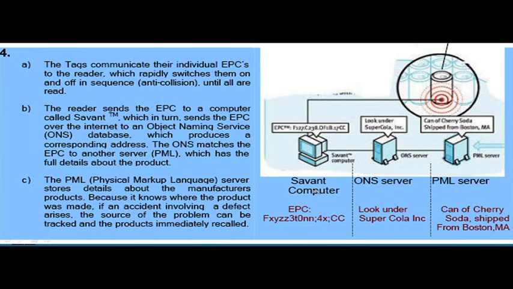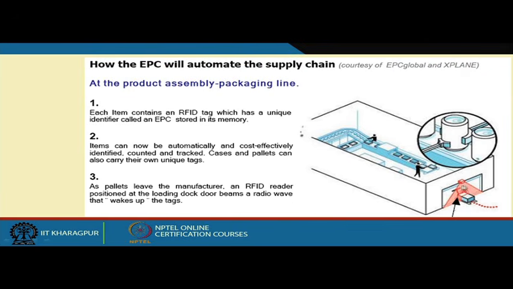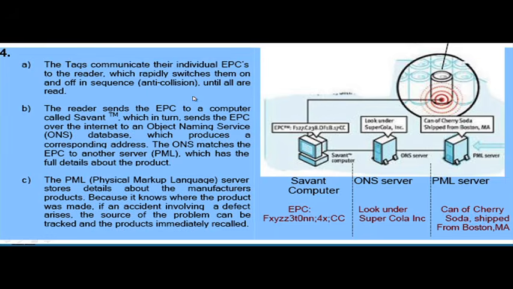Next, when these items are moving out, these tags communicate their individual EPCs to the reader at the dock door, which rapidly switches them on and off in sequence until all of them are read.